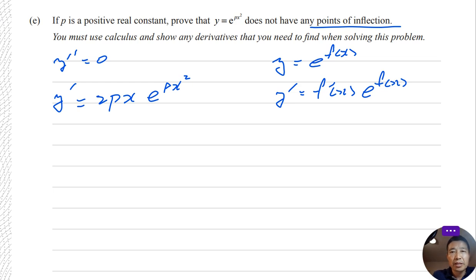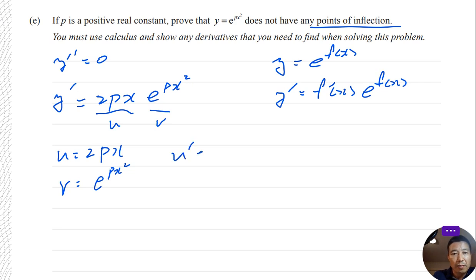Alright, now second derivative. So that means we differentiate this again. Now you see, we have to use a product rule, isn't it? Because 2px is, say, u, and that is v, right? So say u is 2px, v is e to the power of px squared.